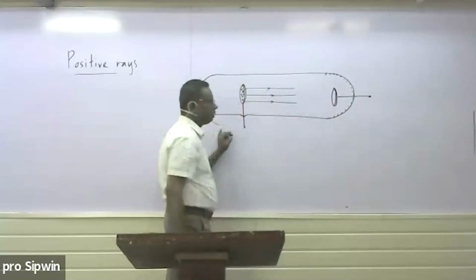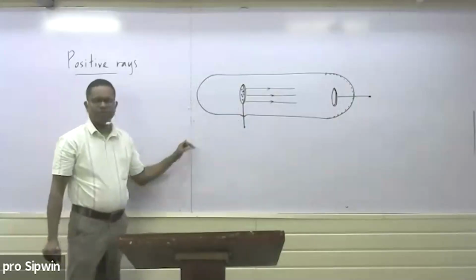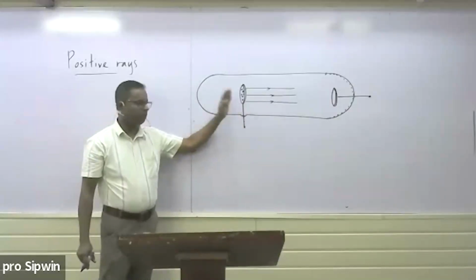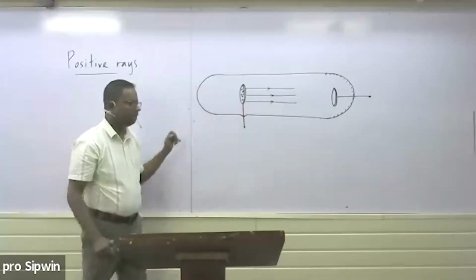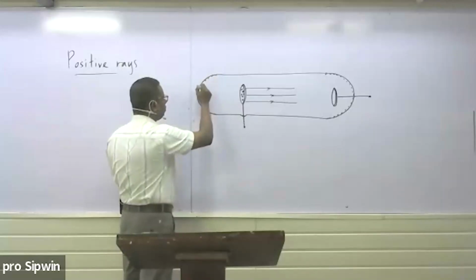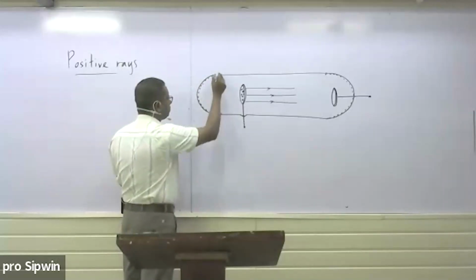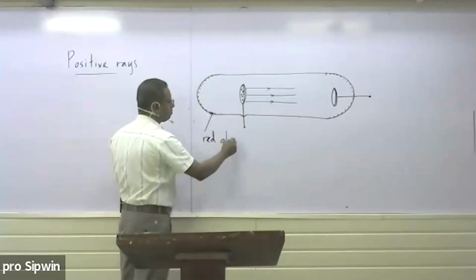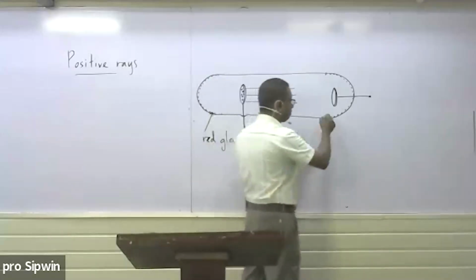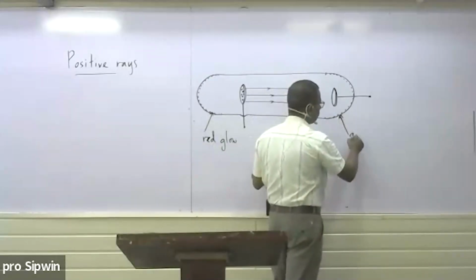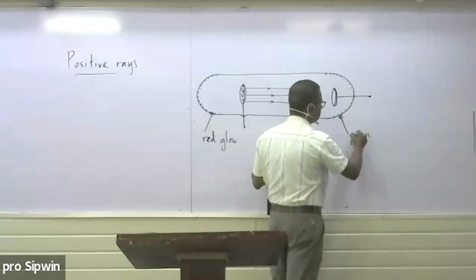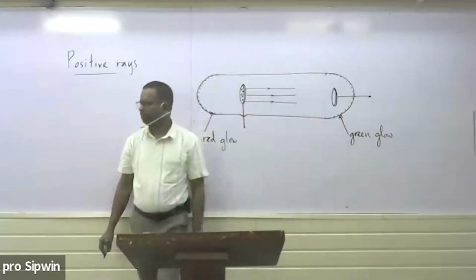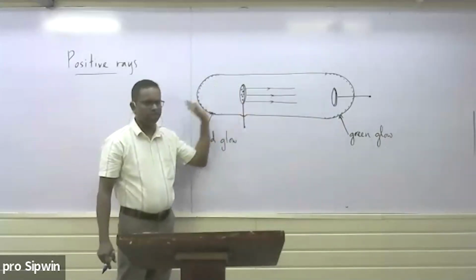While moving that way, Goldstein identified a special thing. Right behind the cathode, in this region of the glass wall, he identified a red glow. The cathode rays produce the green glow, and while producing that, a red glow was observed at the opposite end.